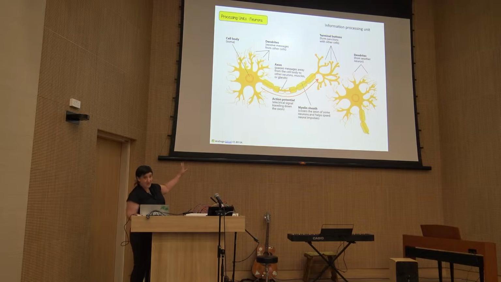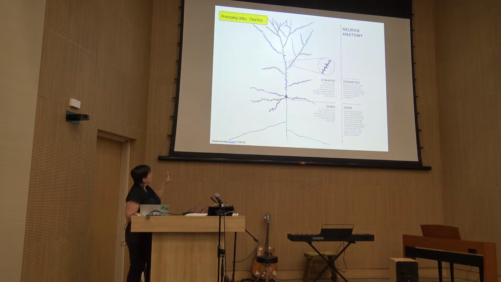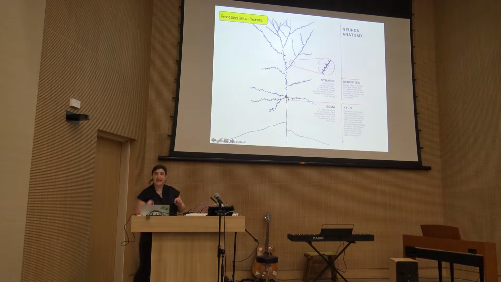Now, this cute little cartoon diagram of an axon gives us an idea of the structure, but not really the scale. This is the cell body of a neuron and its true to-scale dendritic arbor.